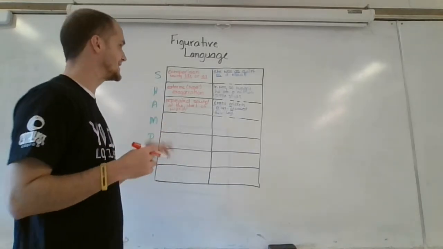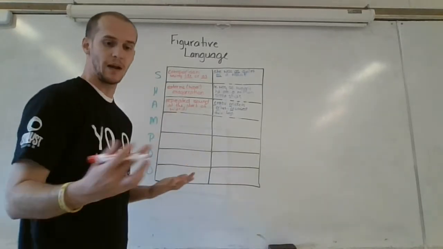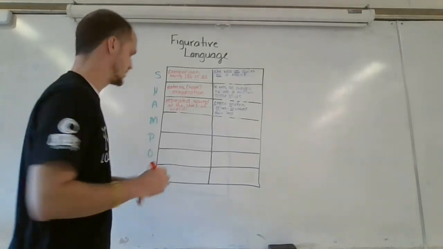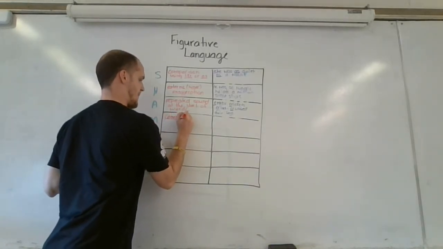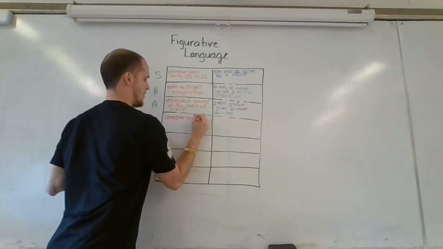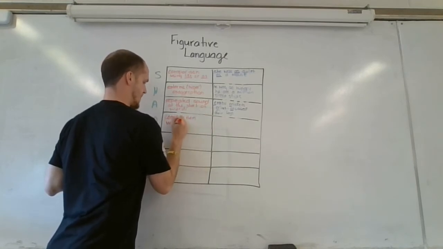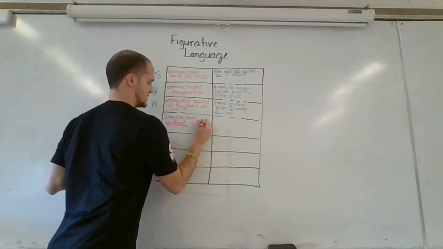A metaphor is the opposite of a simile. It's still a comparison, but it does not use like or as. So a comparison without like or as.